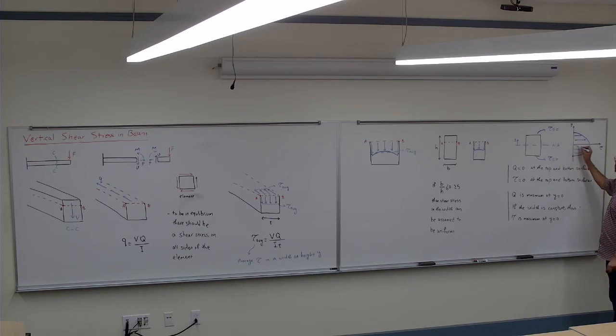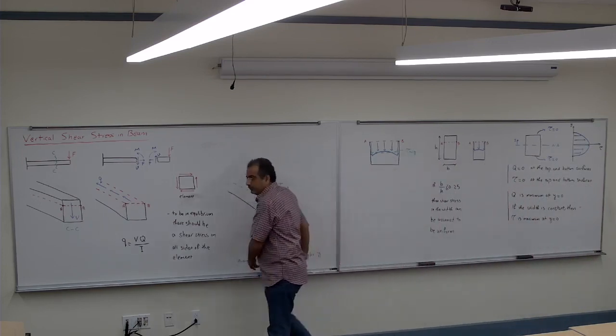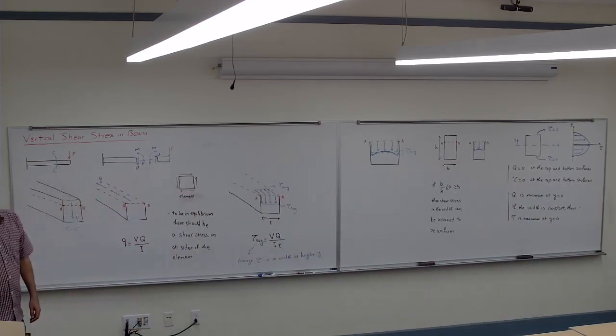Maximum right at the center. So this is how the vertical shear stress is distributed in the beam. Previously we talked about how it's distributed horizontally. Now we are looking at how it's distributed vertically. And we're going to look at some special cases and then some examples.